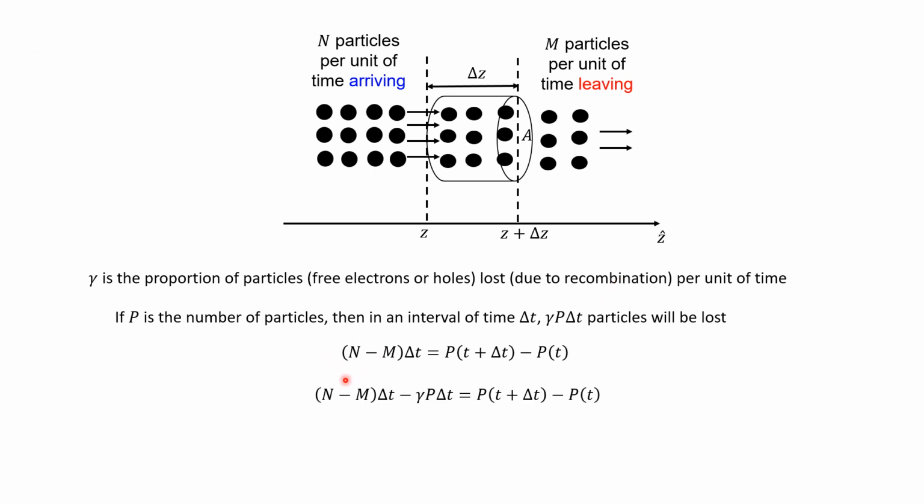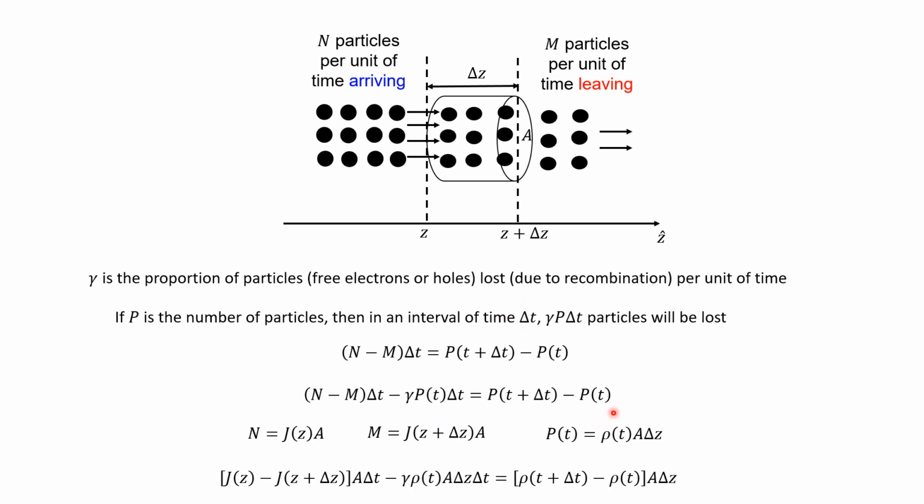Now, if (n minus m) times delta t particles arrive, but this number of particles is lost in an interval of time delta t, then the net increase is the net number of particles that arrived minus the number of particles that is lost. So it's very easy to incorporate this term if you just recall its physical meaning. It's the number of particles that disappeared, that died, that ceased to be free in an interval of time delta t.